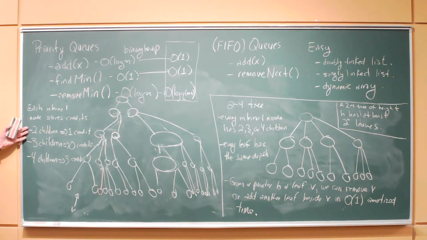So what you're interested in is saying if I do n of these operations of adding and removing leaves, these should take a total of n time. And you'll argue that by saying, well, for each operation that I do, I will give a small number of credits, not more than 6. And each time I split a node, or each time I merge 2 nodes, I will pay for that with 1 credit.